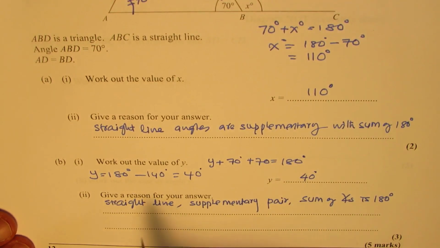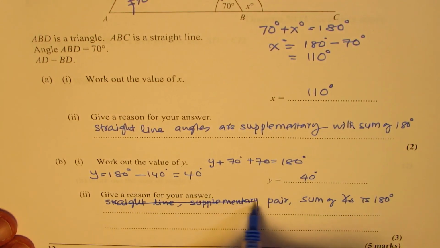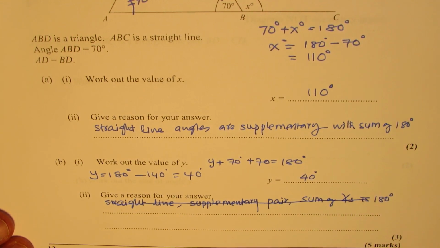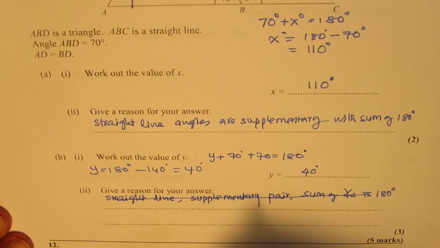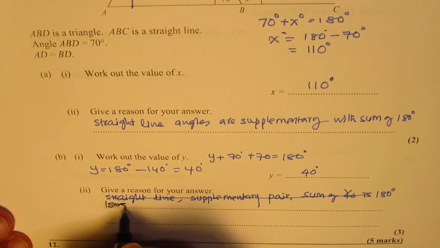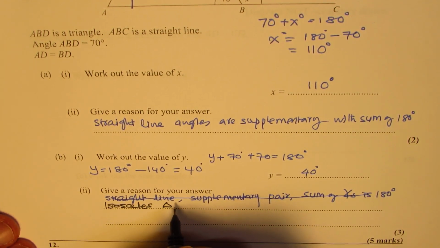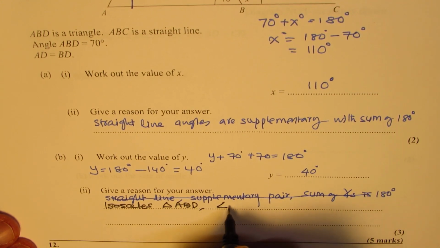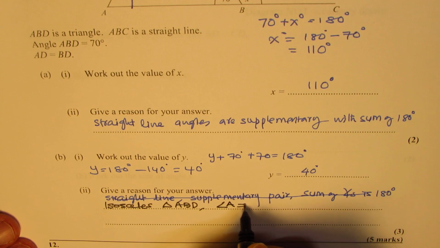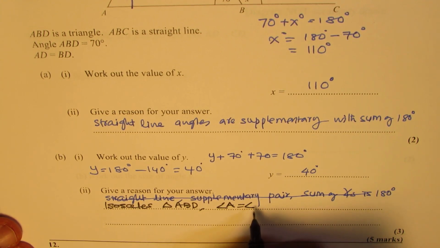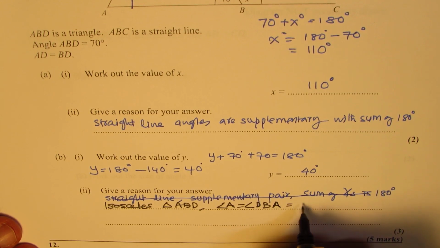Now here the reason is not this, okay? So the reason is first, isosceles triangle ABD, so angle A is equal to angle DBA, so that is not very clear if I write B, right, which is 70 degrees.